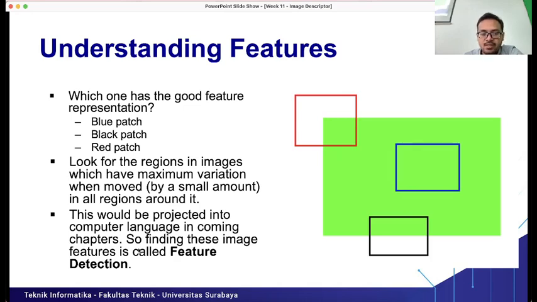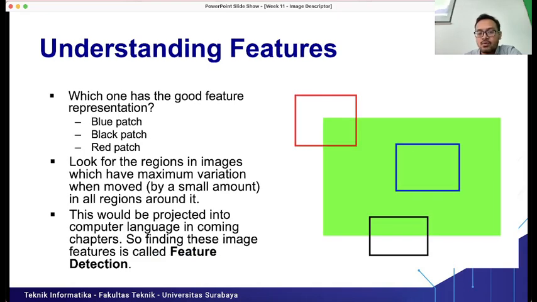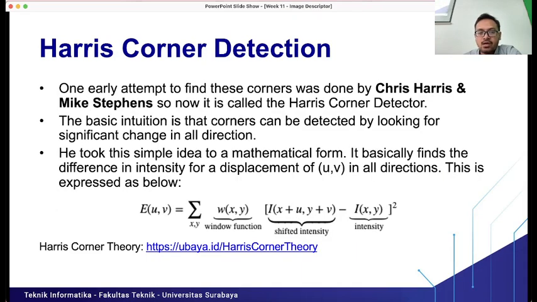So finding these image features is called feature detection. Okay, so the feature that we want to detect from the digital image is a corner. Like I was mentioning before, a corner area will represent a good feature from the image, and one algorithm to detect the corner we call Harris corner detection.